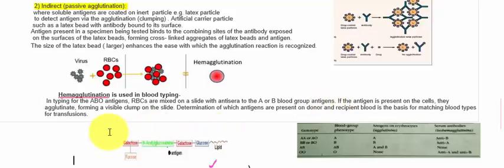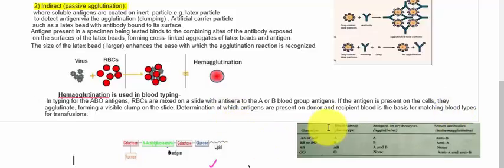So we know that there are A, B and O. During the process of blood typing, the RBCs are mixed on a slide with antisera type A and type B, and we check to see whether or not the blood cells stick together or agglutinate. Agglutination means sticking. So, if blood cells stick together, it means the blood reacted with one of the antibodies. Determination of which antigens are present on donor and recipient blood is the basis of matching blood types for transfusions.